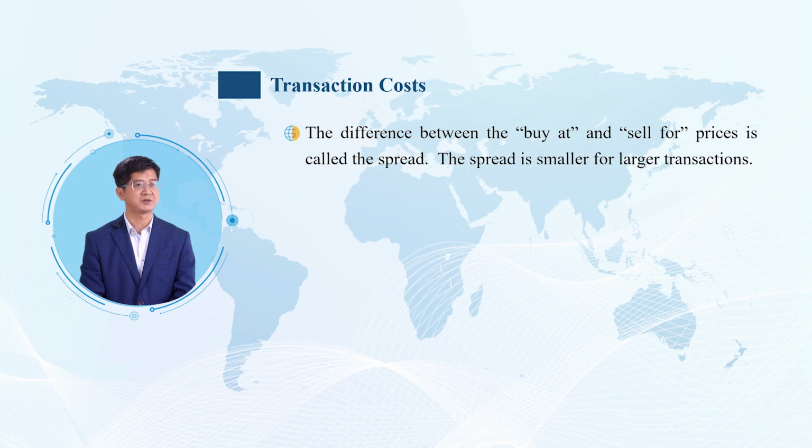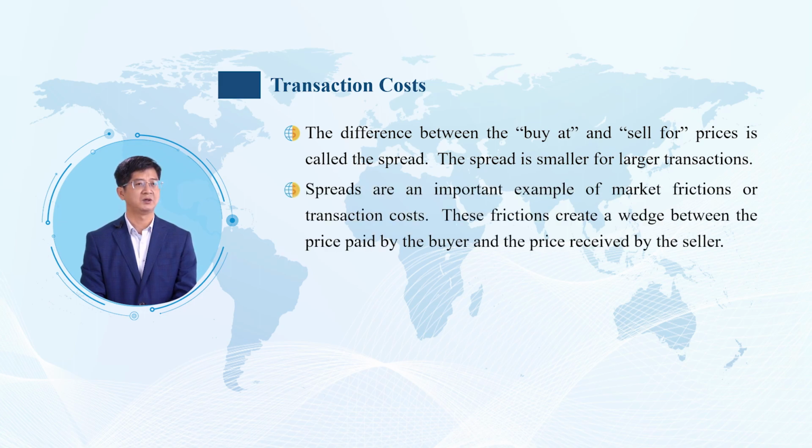2.3.2 Transaction cost. The difference between the buying and selling prices is called the spread. The spread is smaller for larger transactions. Spreads are an important example of market frictions or transaction costs. These frictions create a wedge between the price paid by the buyer and the price received by the seller.